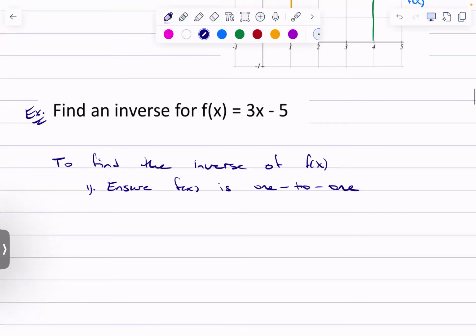Can do that. Then you're going to solve for x, right? Because the x is now going to be your new output, right? And so now, next step, solve for x. From y equals 3x minus 5, what do we get?